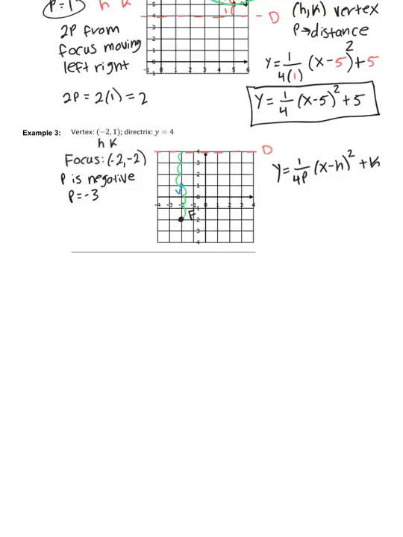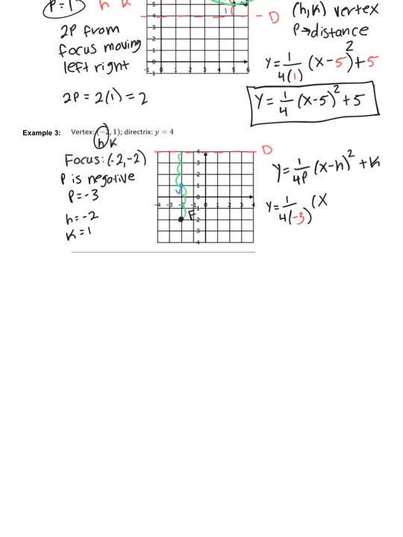Okay, and my h, we said that was negative 2. I'm just pulling that from the vertex. And then my k value is 1. So I have all the pieces I need. I'm going to go ahead and plug everything into my formula here. If h is negative 2, be careful when you plug it in your equation. The equation is x minus h.